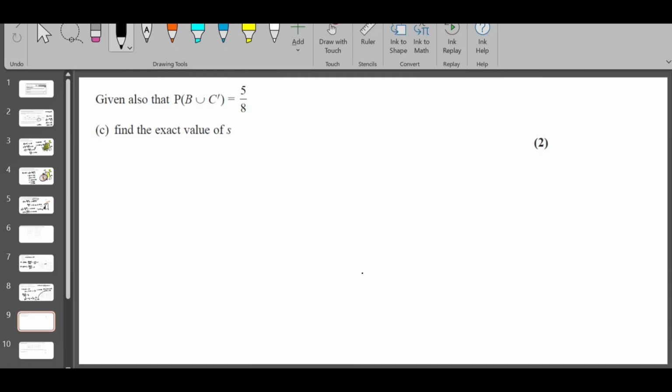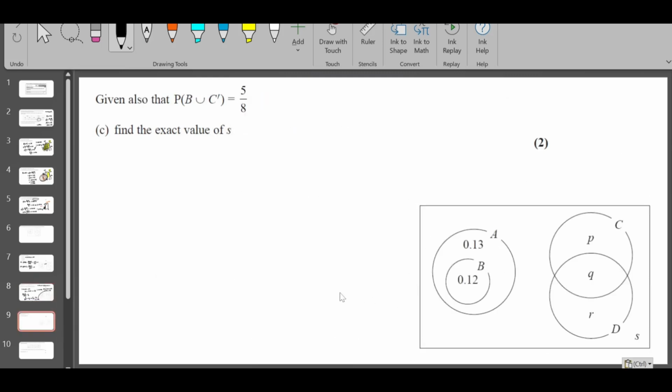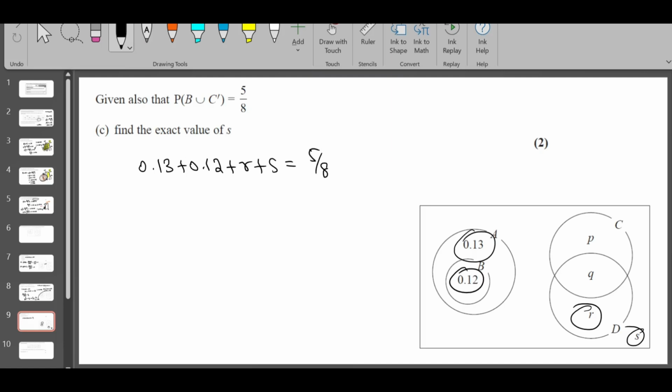Part C, given also that B union C complement is this. So from the diagram, I'm going to put the diagram here. B union C complement is this. C complement is everything outside C. So this, and this. So 0.13 plus 0.12 plus R plus S is 5/8.